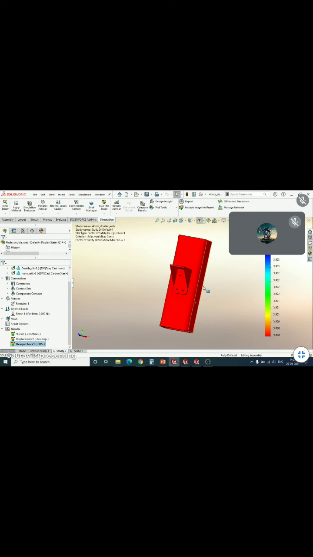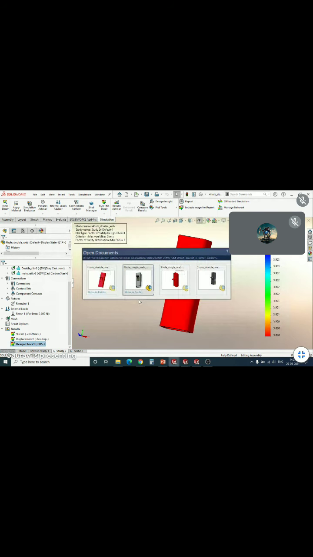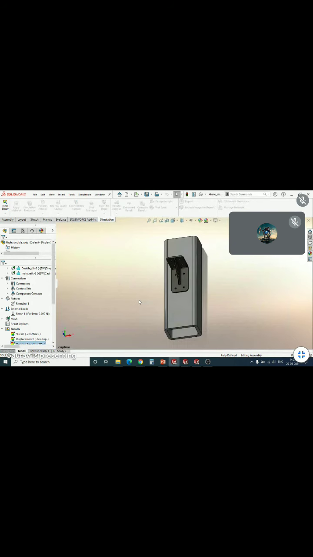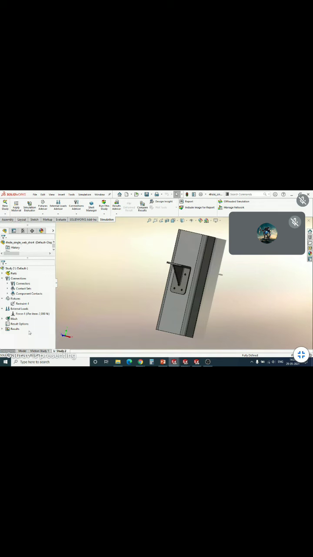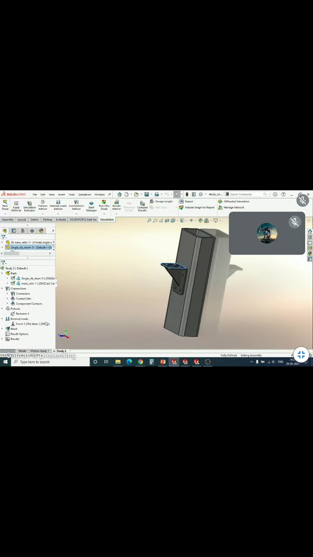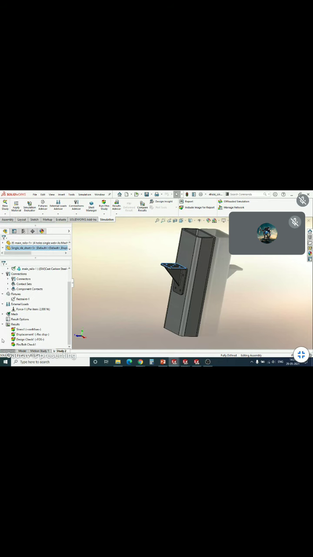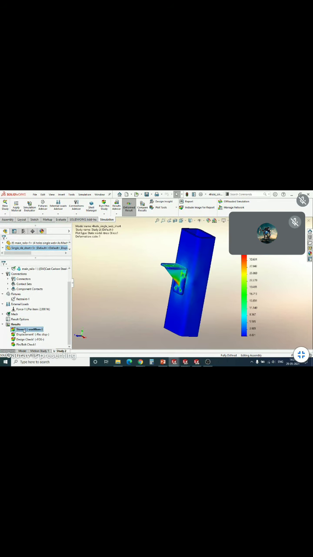Now let me just switch it to a single rib configuration with 4 holes. Same, but it is a single rib. And with the same conditions of weight and material, you would be able to check the results, right?